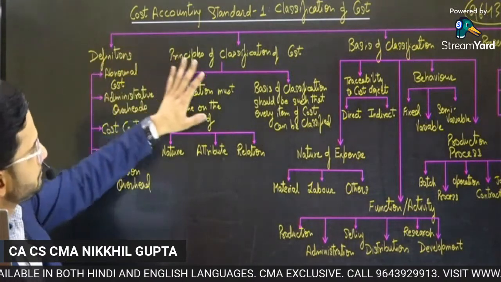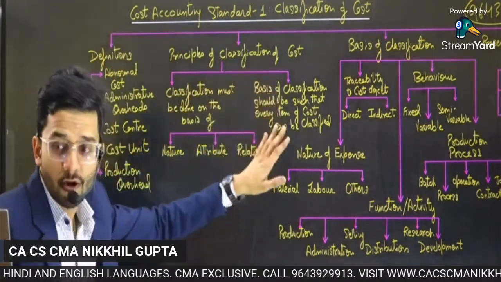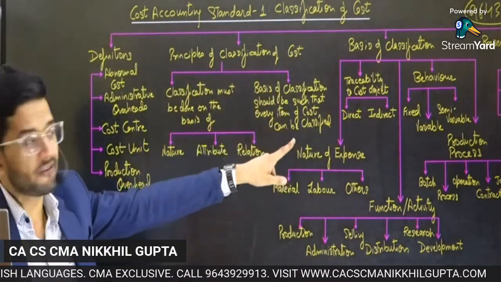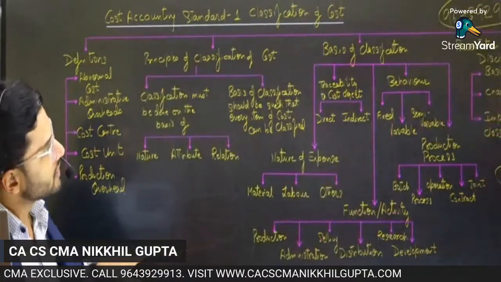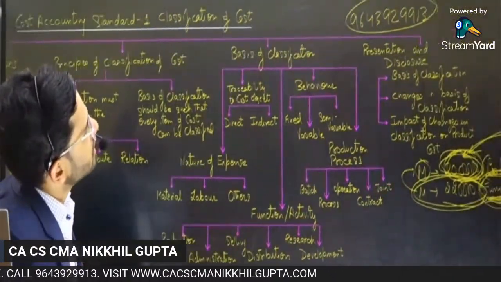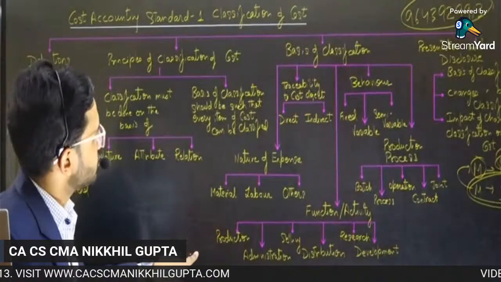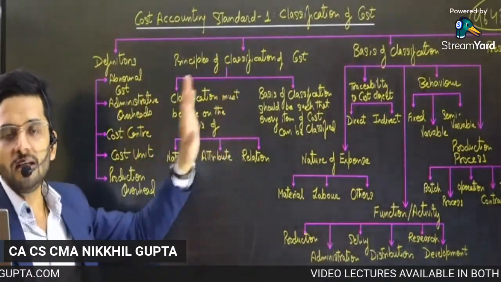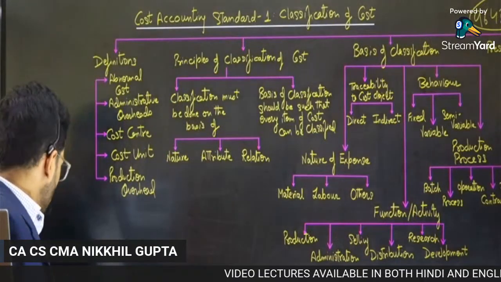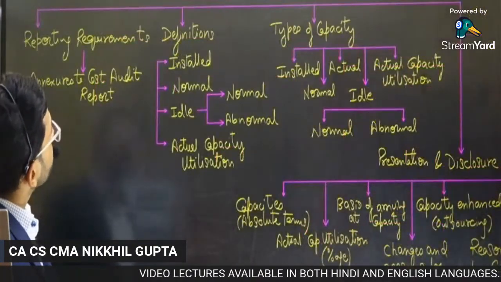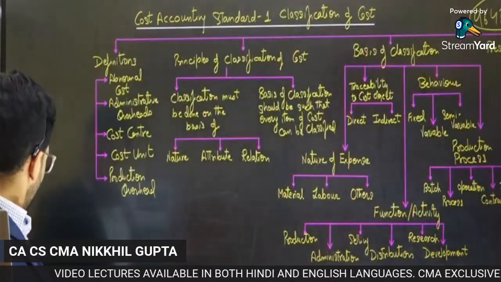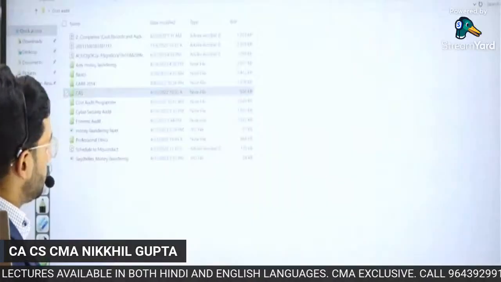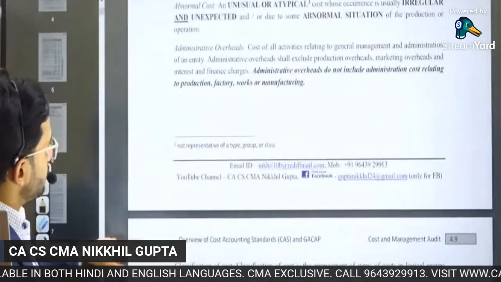Definitions, principles of classification of cost, basis of classification, and then presentation and disclosure. All these we are going to study. And these cost accounting standards will definitely come in the examination, theoretically or practically. Both aspects are important.